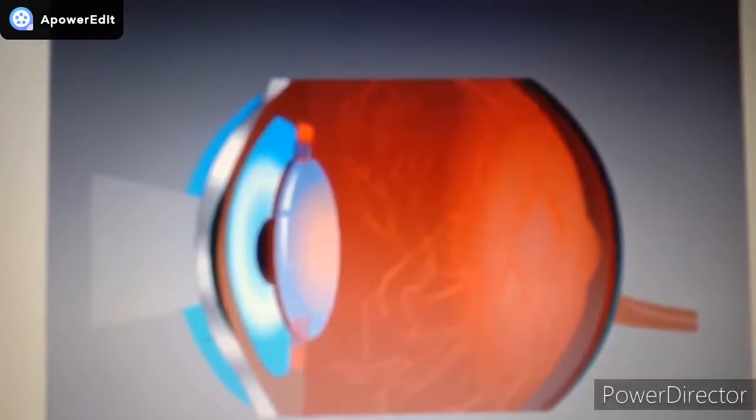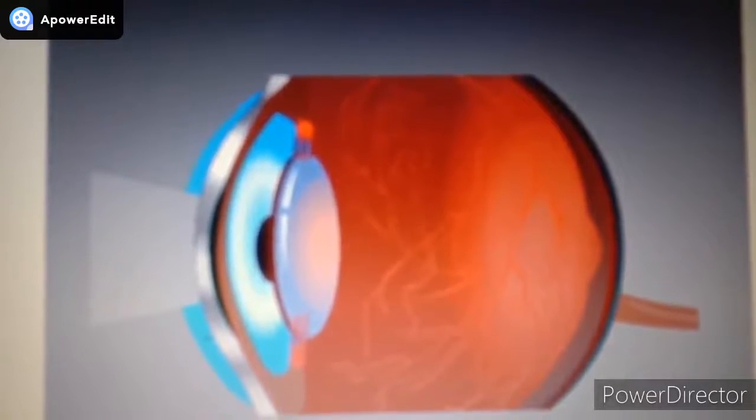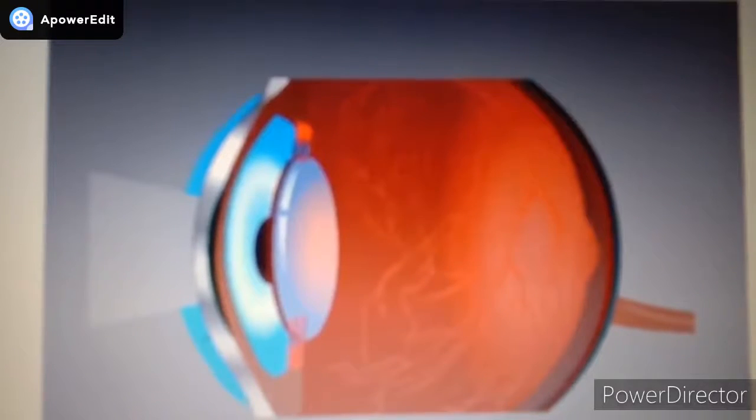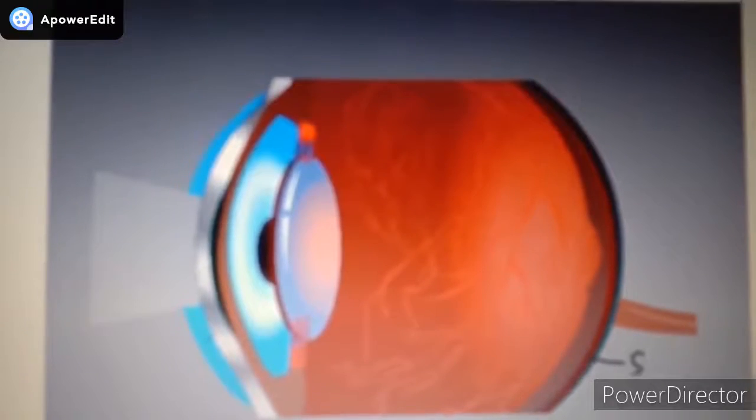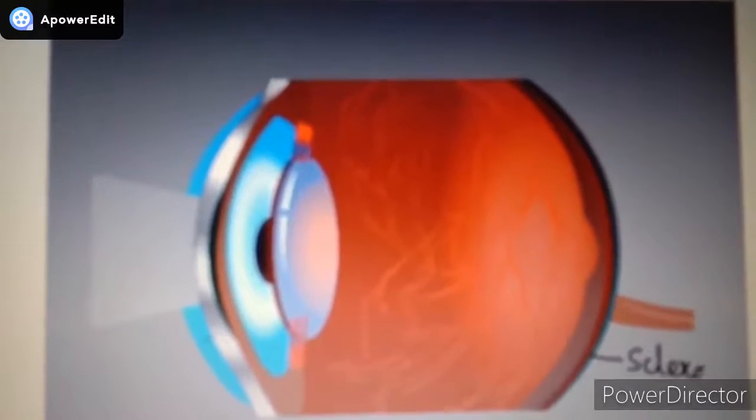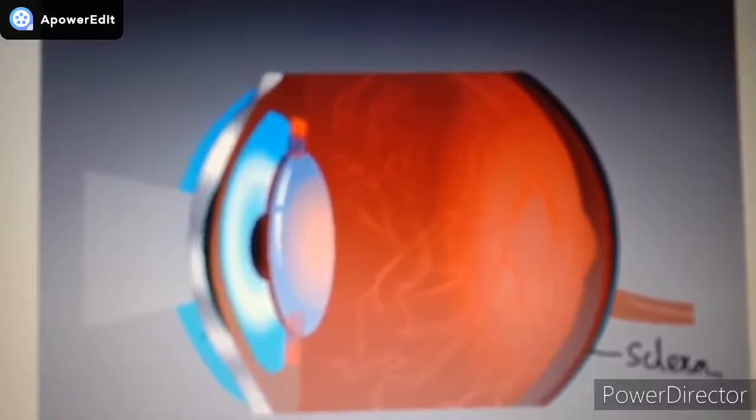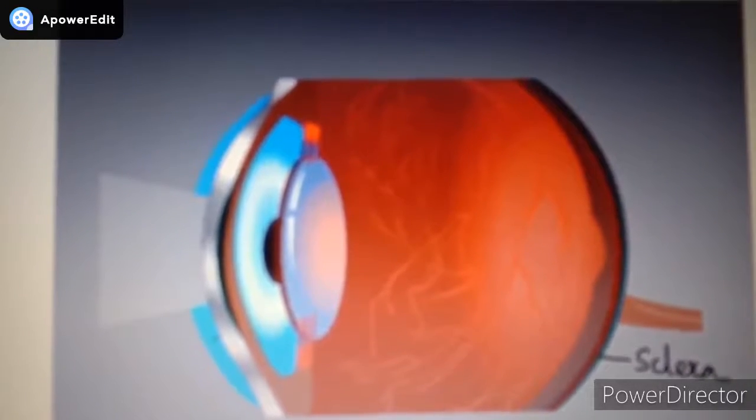Now let us try and identify the different parts of the eye. The outermost layer of the eye is known as the sclera. Here you can see in the diagram, this is the outermost layer of the eye, the sclera. Then the middle highly vascular layer is known as the choroid.